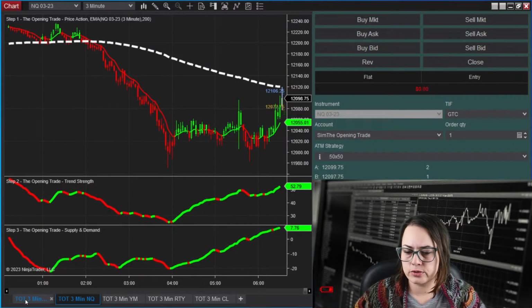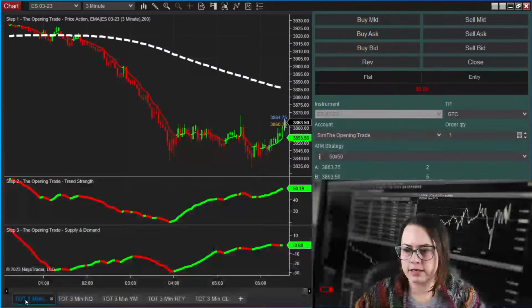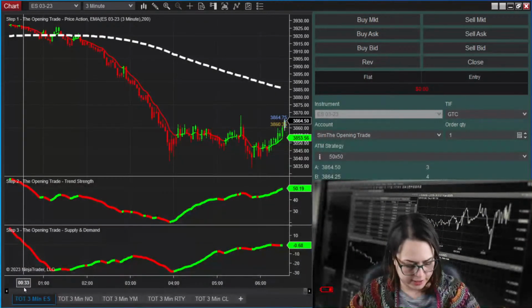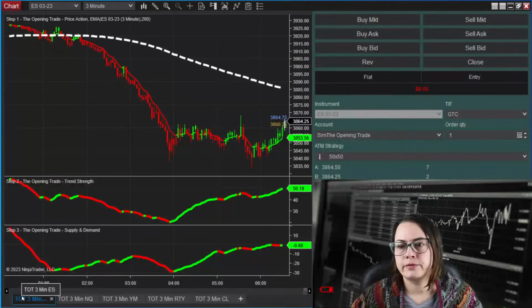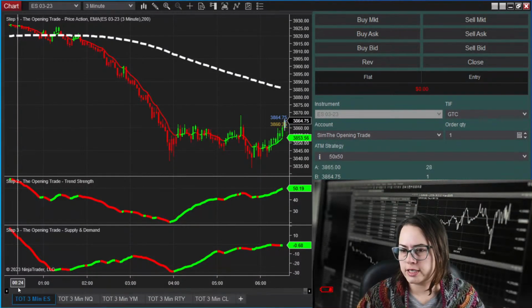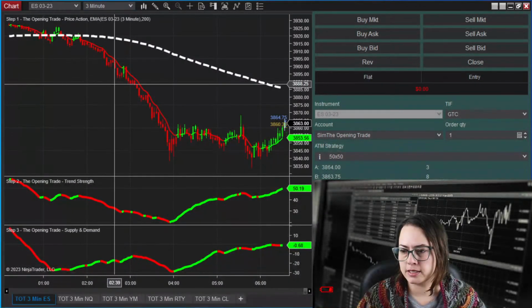The NASDAQ is staying pretty close there, trying to get back to that 200 period EMA. And here we have the S&P. It's also below the 200 period EMA at this time. Again, we're using a 3-minute candle, so I make sure my chart up here on top is at 3 minutes.